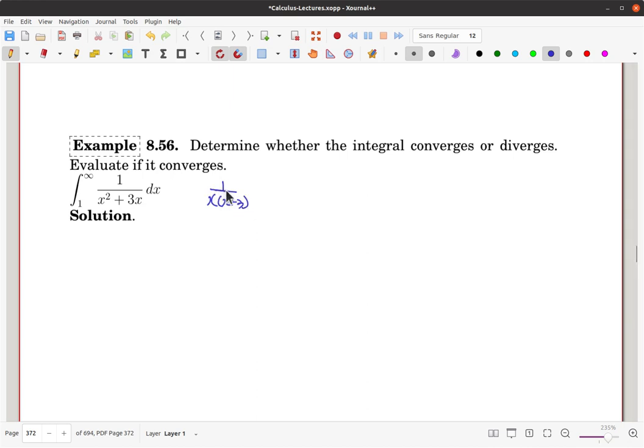We have factors for this denominator. That one is now A over x plus B over x plus 3. Then, with the same common bottom x(x plus 3), the numerator will be A times (x plus 3) plus B times x, so that is (A plus B)x plus 3A.